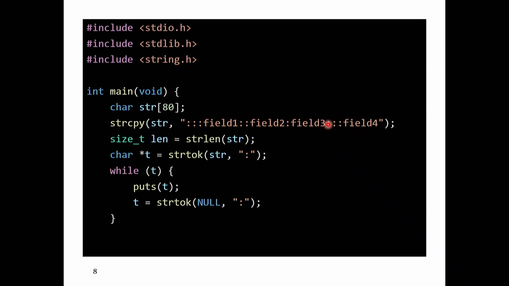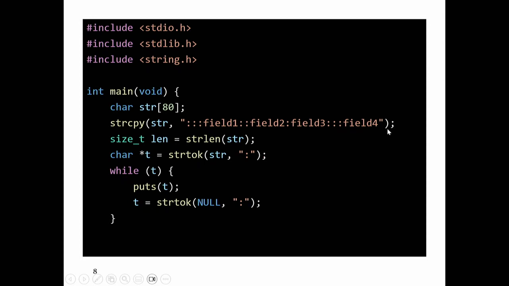It's going to write a \0 there and return the pointer to that f. Now you've got the string field 3. For field 4, it's going to do the same thing. It finds the f, goes to the end of the string, finds the null terminator at the end, so it stops, and returns a pointer to that f. If you call it again, you get back null because there's nothing left in the string, so there are no more tokens to process.